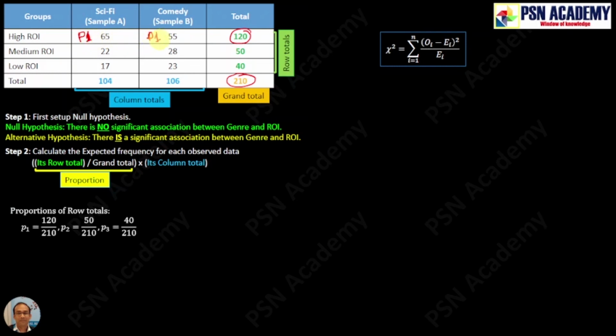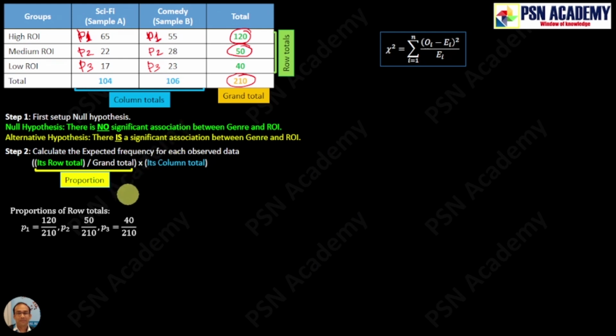And in case of P2, you have 50 out of 210. So you have 50 medium ROI movies out of 210, so that will give you the proportion 2. So P2 will go with this one, here also P2, right? And in case of P3, it is 40 out of 210. So P3 goes here. Clear? So you have got all those proportions.